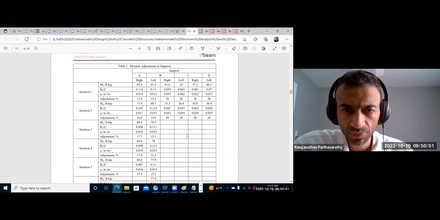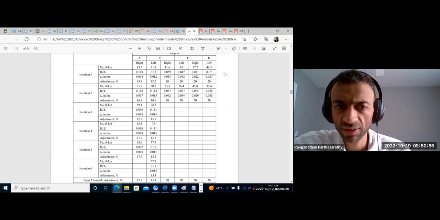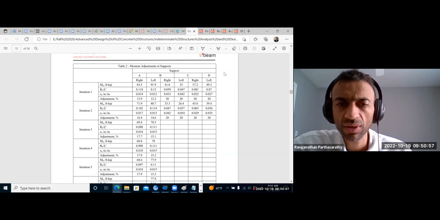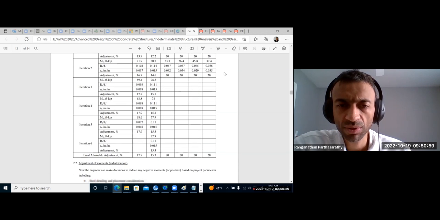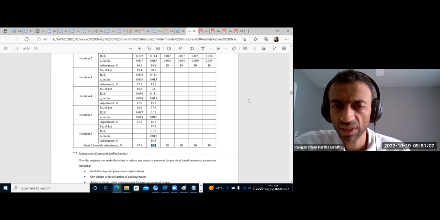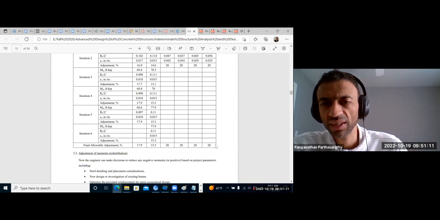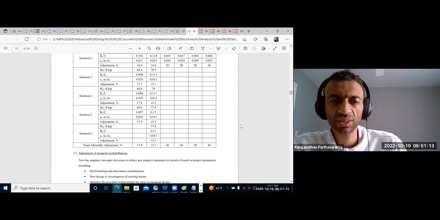By doing this at every single support for the negative moments, for support A we finally got 17.9% reduction. Support B, we got 15.3 on the left side, 20% on the right side. We got all of these reductions.